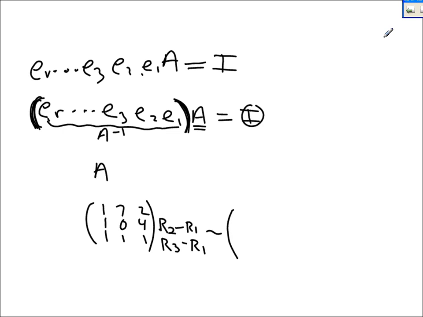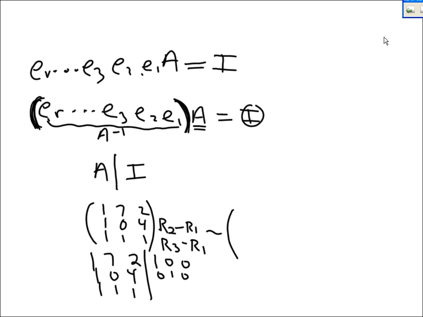But now, let's suppose you augmented matrix A with the identity. In other words, suppose you have 1, 7, 2, 1, 0, 4, 1, 1, 1, and you put the identity matrix here.